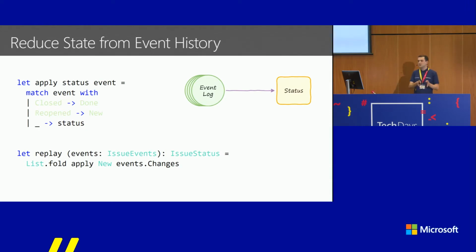It starts with a new status, and for each event in the collection, it calls the apply function, which will return the status after applying this event. So you take the event first, you say, is it closed? No. Is it closed? No. So it's still new. Then you find closed, for example, then your issue status becomes done. You pass it to the next event, so on, so on. In the end, you get the end result for the current history.